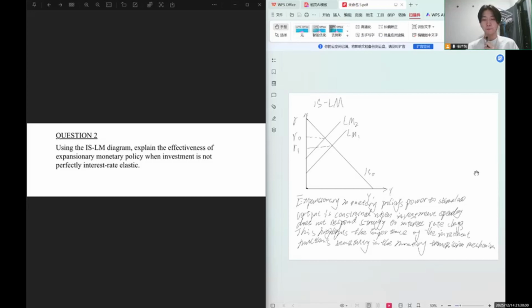Thus, the interest elasticity of investment is a critical determinant of the potency of monetary policy.